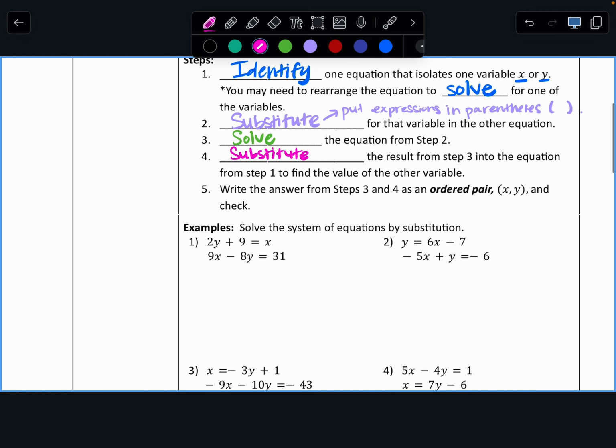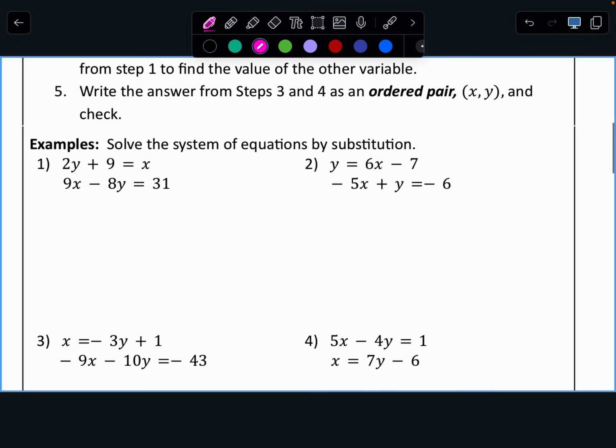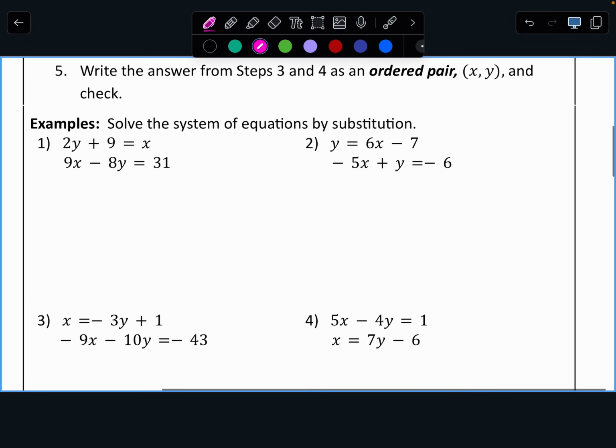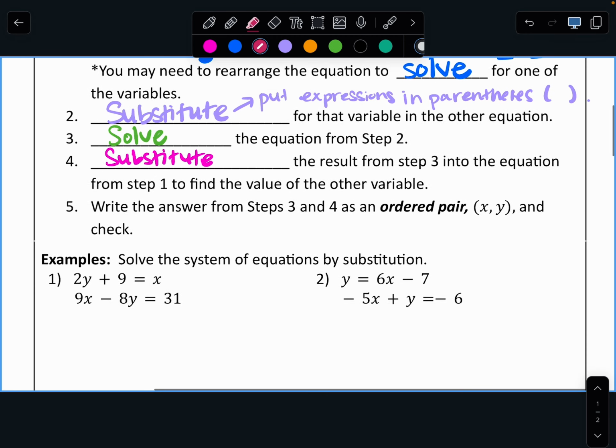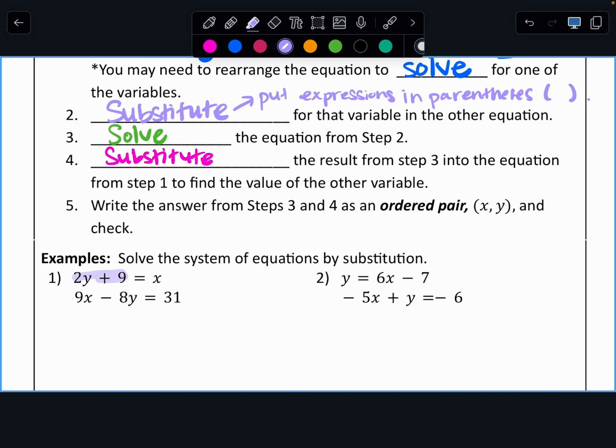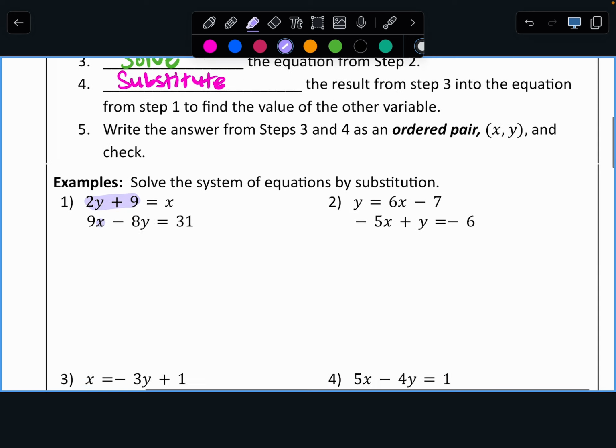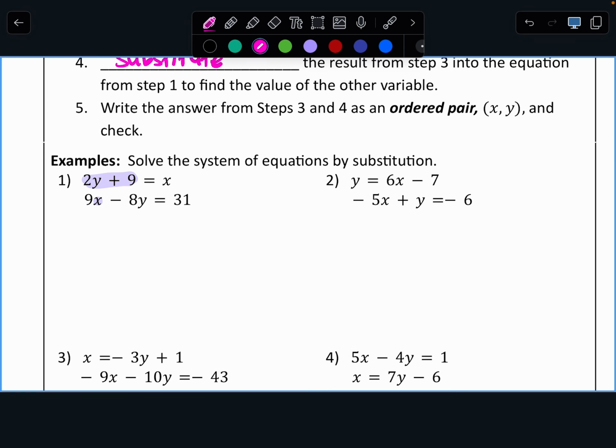So let's look at number 1. We have 2 equations there. Find one of them that has x or y on one side of the equal sign by itself. So see that first expression has x by itself. So if x equals 2y plus 9, then we can substitute 2y plus 9 for x in the second equation.